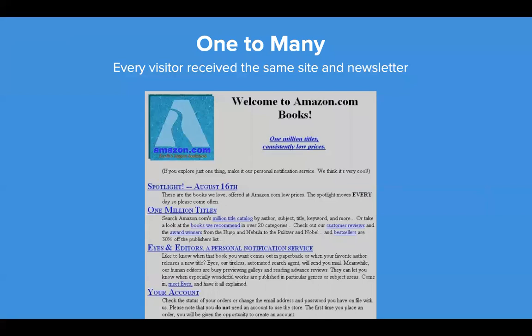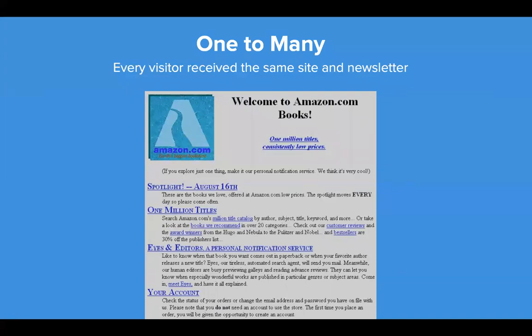So if we pop on our time machine, we'll go all the way back to 1996. It doesn't even seem like that long ago. But if we went back to 1996 and went to Amazon.com, that's what it would have looked like. The world of the 90s was really focused around one-to-many.